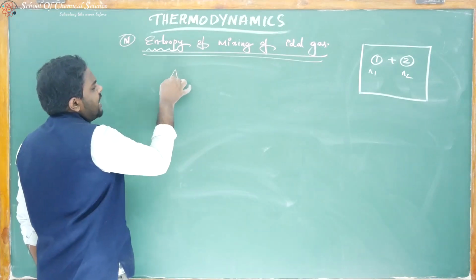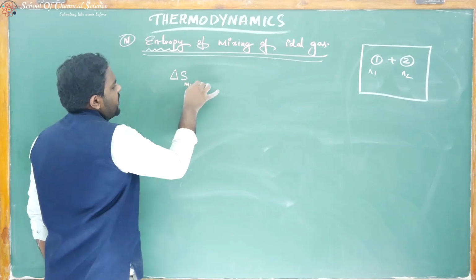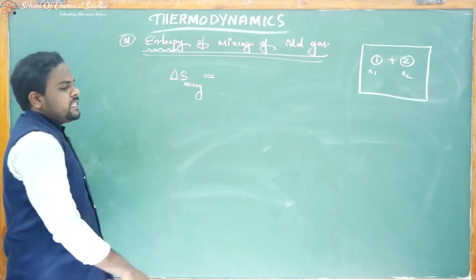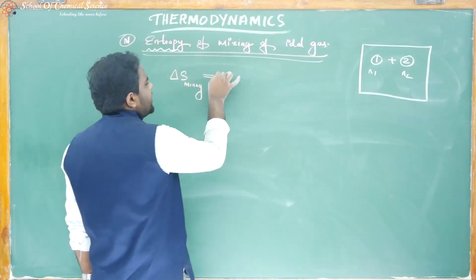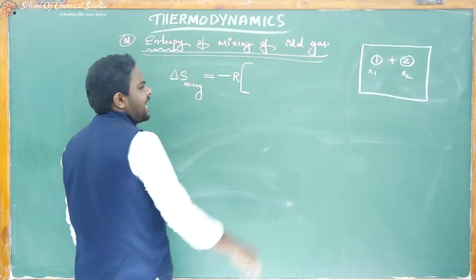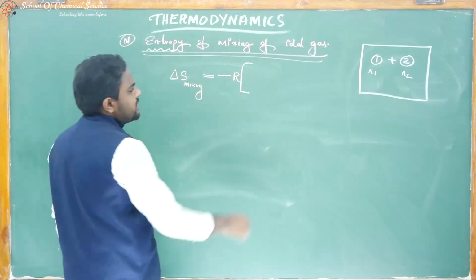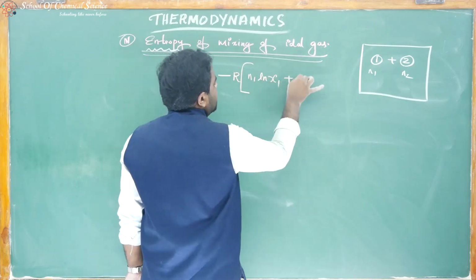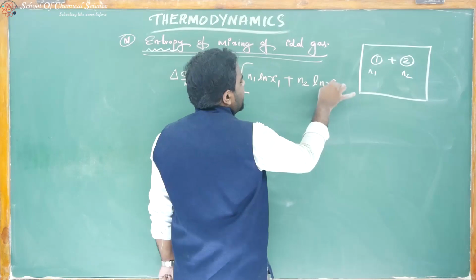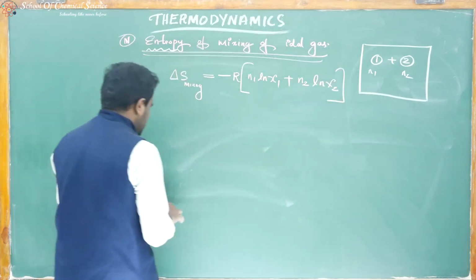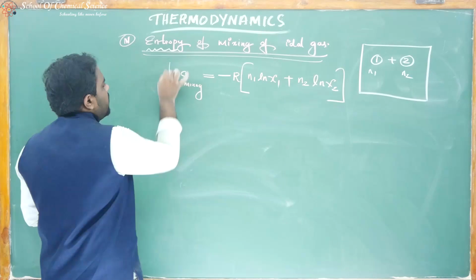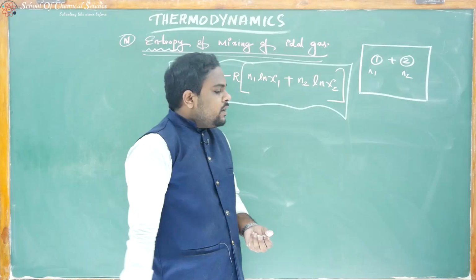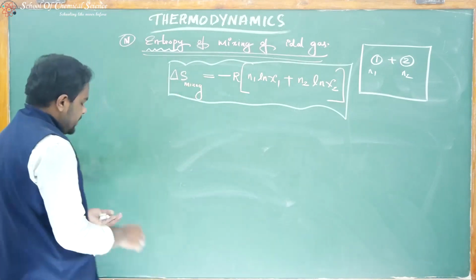Here, when the first gas and second gas are mixed together, the entropy change for mixing is equal to, a very simple equation, delta S mixing equals minus R into bracket N1 ln chi1 plus N2 ln chi2. This is the equation.